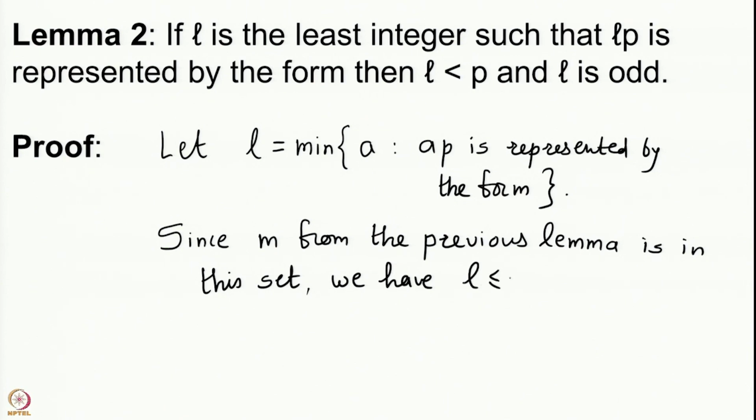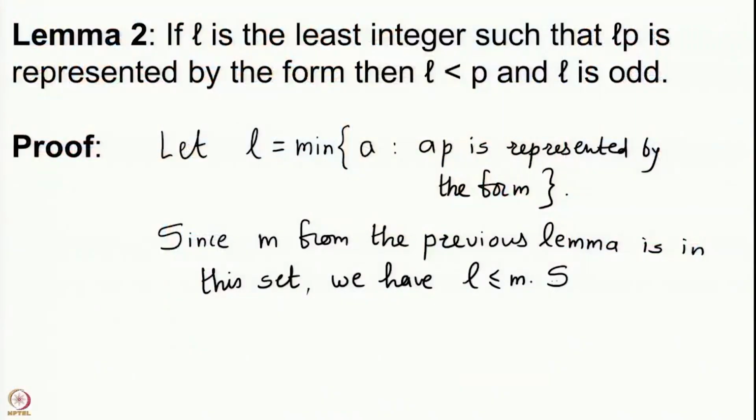L to be less than or equal to m, because you are taking the minimum of all integers whose multiples by p are represented by this form. It may happen that L might be equal to m, but it is also possible that L might be less than m. In any case, L is less than or equal to m, and we have already proved that m is less than p.